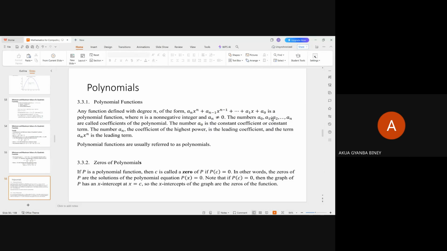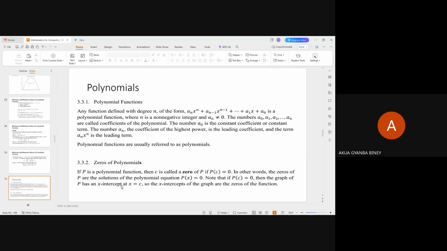The numbers a_0 through to a_n are called coefficients of the polynomial. The number a_0 is the constant coefficient or constant term. The number a_n, the coefficient of the highest power, is the leading coefficient, and the term a_n x^n is the leading term. Polynomial functions are called polynomials.